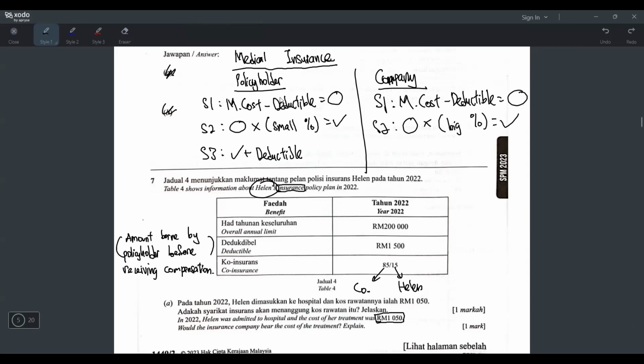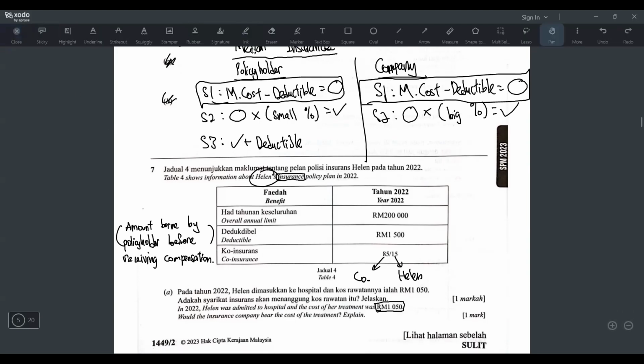One is you have to remember how to calculate yang policyholder kena bayar. Another one is for company kena bayar. And you can look at the first step here. The first step is the same for both. You will take the medical cost minus deductible, right? But what if one day your medical cost is less than the deductible? It means your deductible is higher.